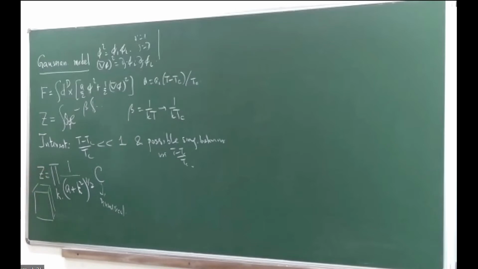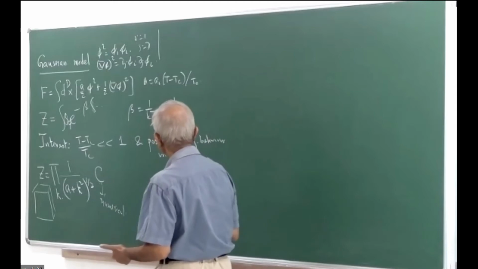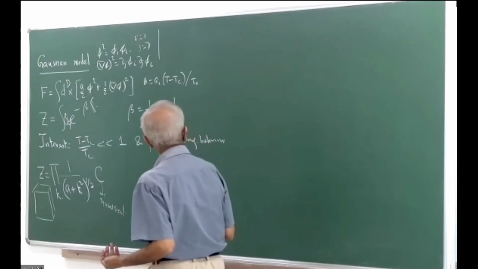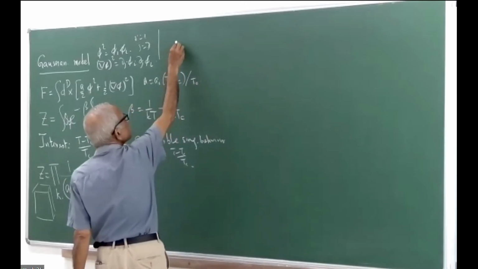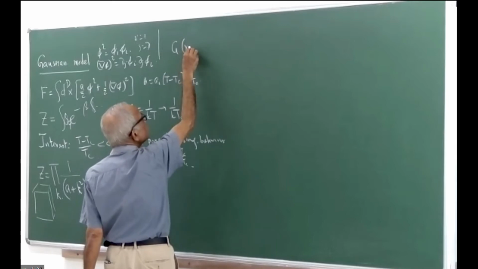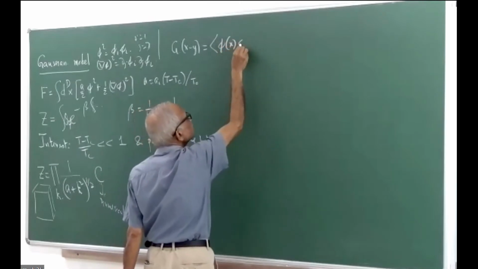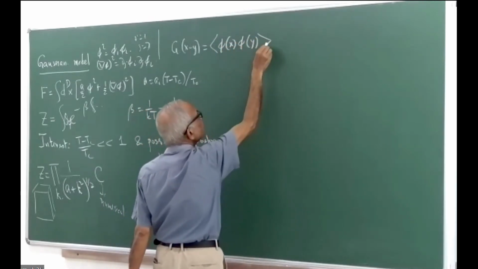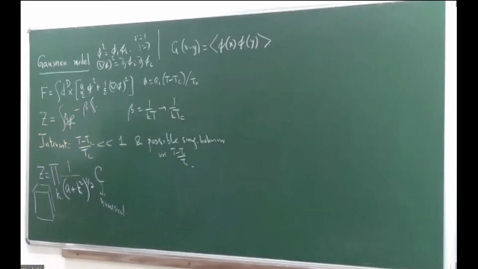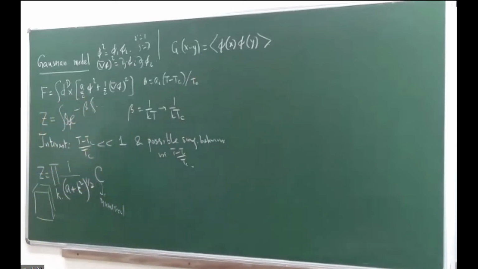Now while this is the basic integral that you need to do, the physical quantities are all related to moments. So the first thing that I need to know is a 2-point correlator G of x minus y, which is the expectation value of phi(x) phi(y). By translational invariance, and since this is quadratic over here, all the single moments are going to vanish.